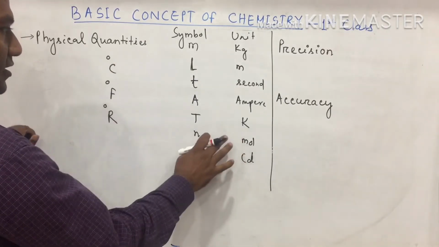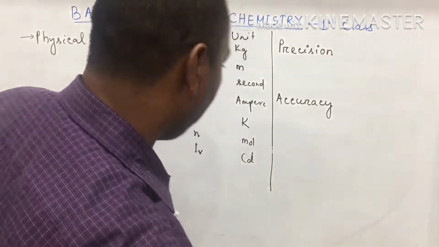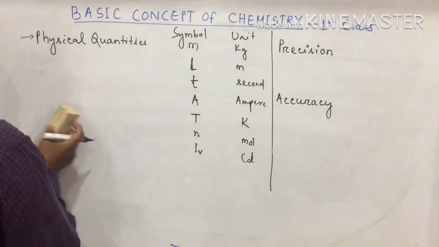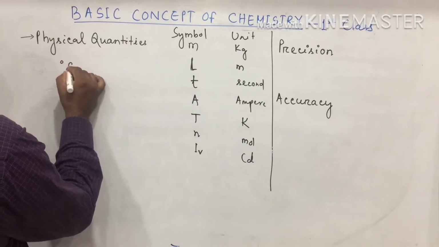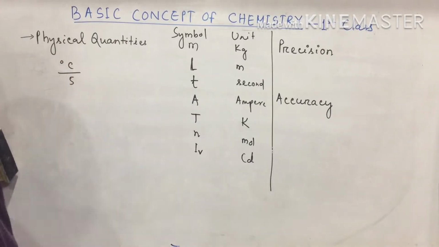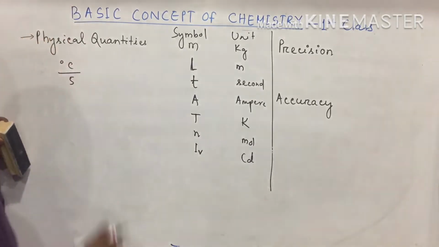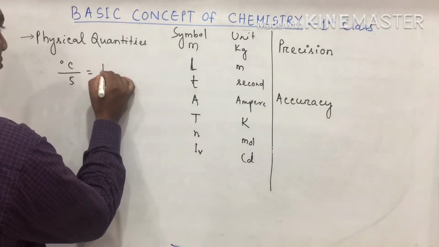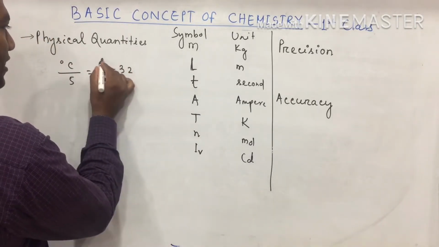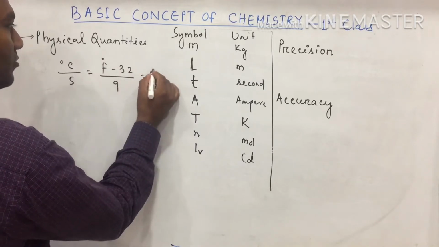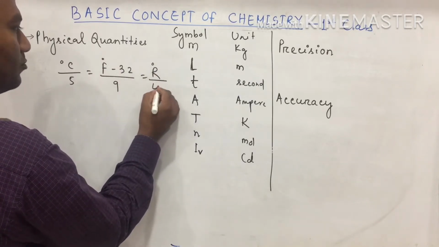For this, one formula is there: C by 5, where C is temperature in degree Celsius, equals F minus 32 by 9 equals R by 4.